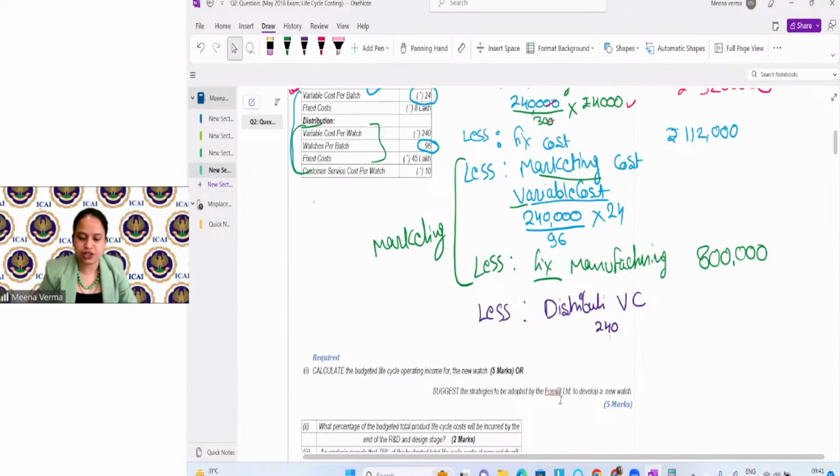If you multiply, you will get the distribution cost per batch. Next is fixed cost. Less fixed cost. So what is the fixed cost here? We have 45 lakh.